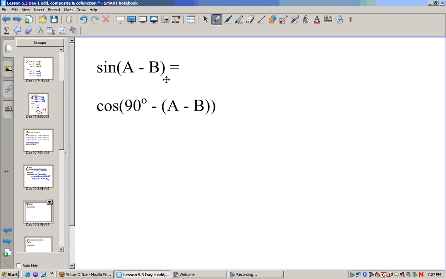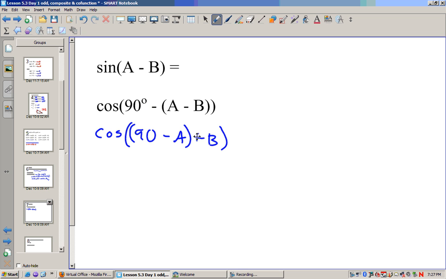Also, we can figure out what the sine of A minus B is by using the cofunction property. We know sine is the same thing as cosine of 90 minus this angle. So now we can say that this is the same thing as cosine of 90, and if I distribute this negative, it's going to be minus A plus B. Now we have three things here, so let's say 90 minus A is the first part of this.